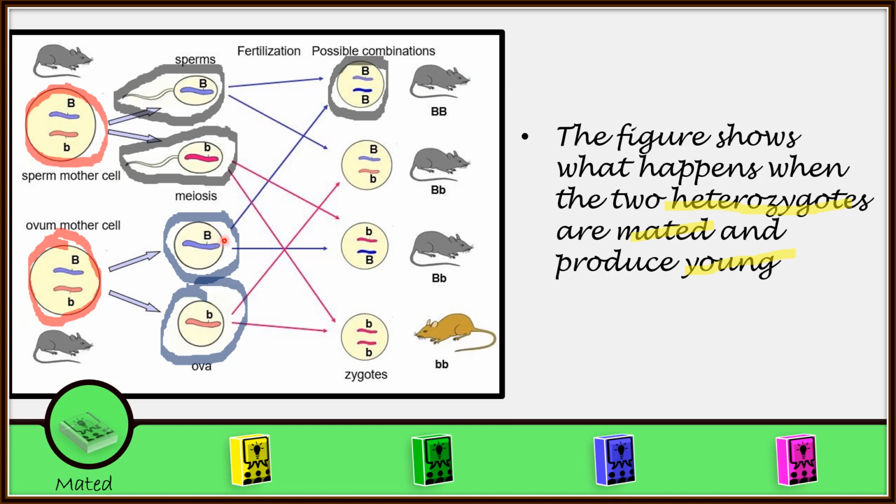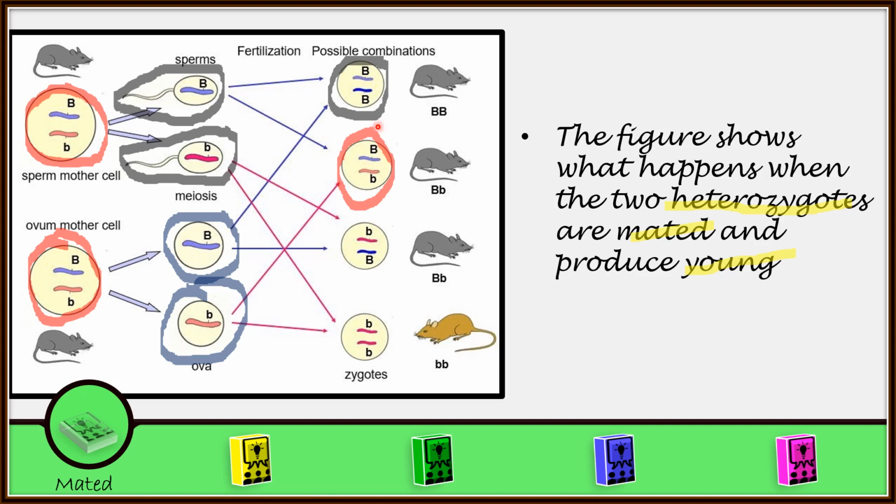Now let us look at the capital B going with a smaller b. So we shall end up getting this offspring here. This is a capital B allele which is coming from the sperm combining with the smaller b which is coming from the ovum.